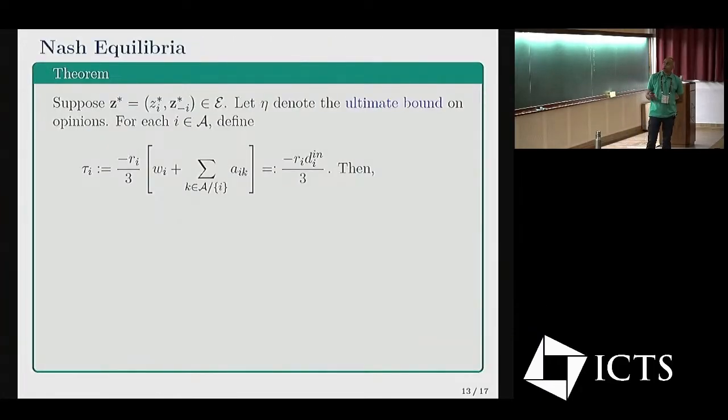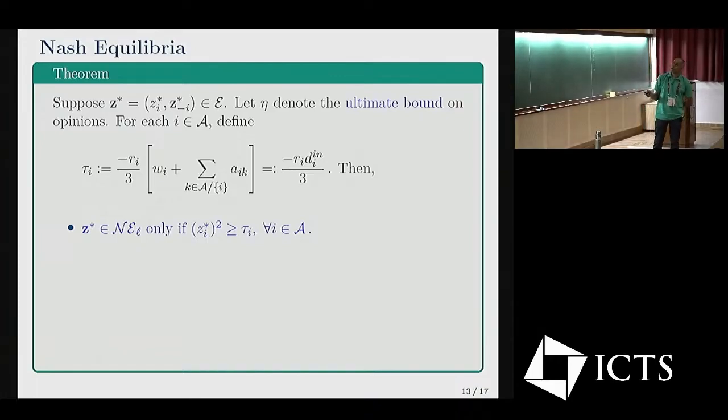And now we can say something specific about these Nash equilibria in our dynamics. We have this tau i, which is related to the in-degree of each node, defined in this way.